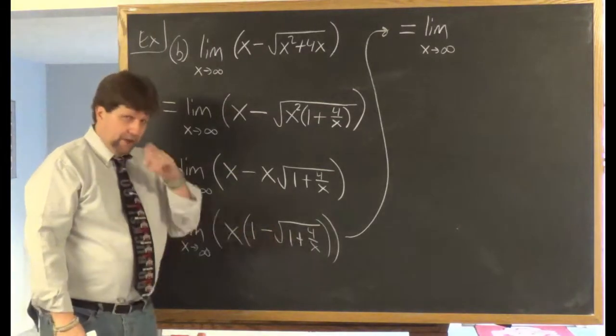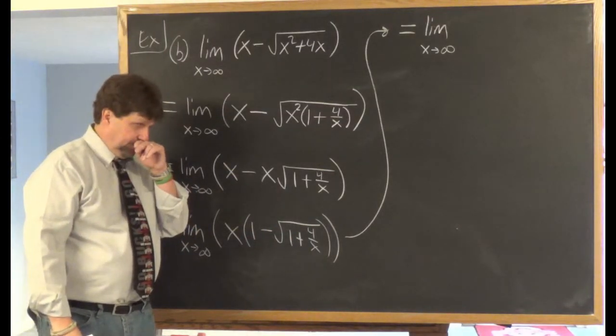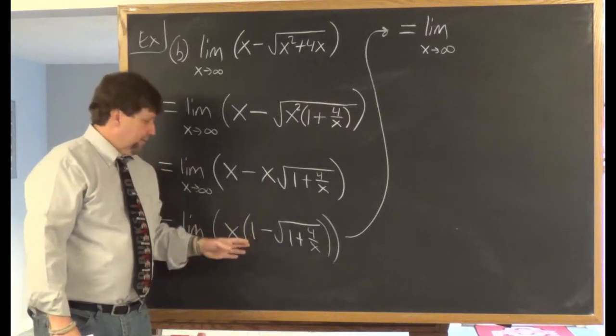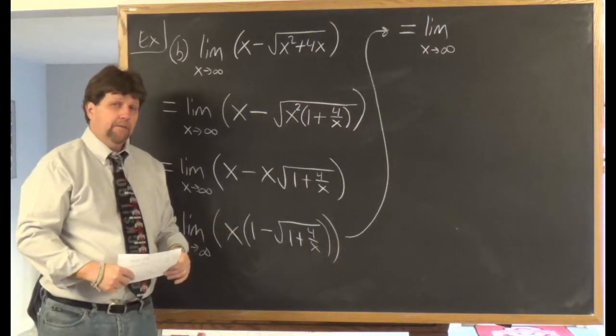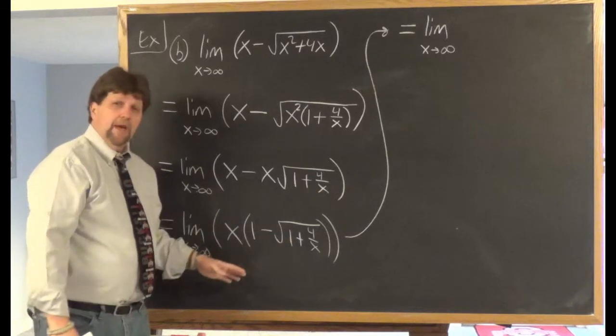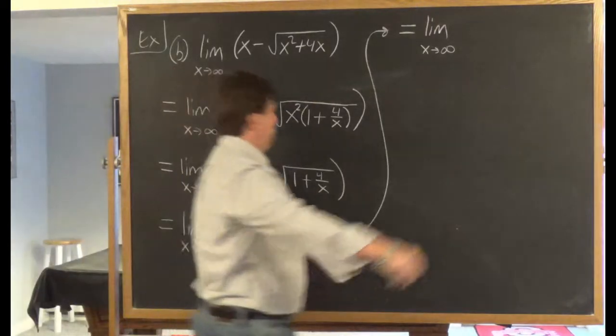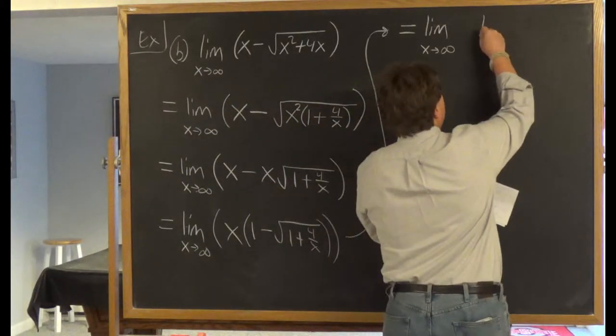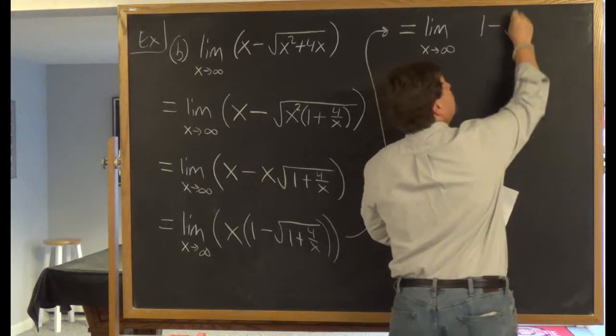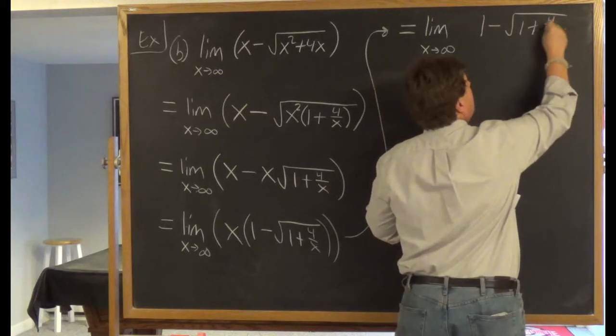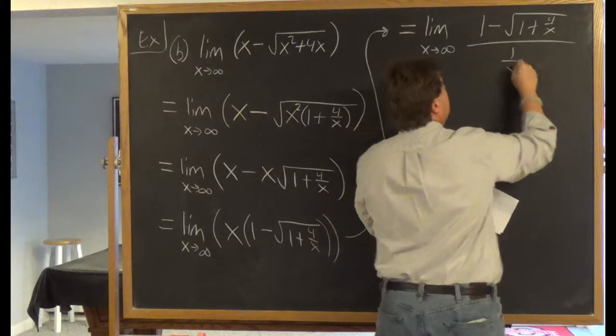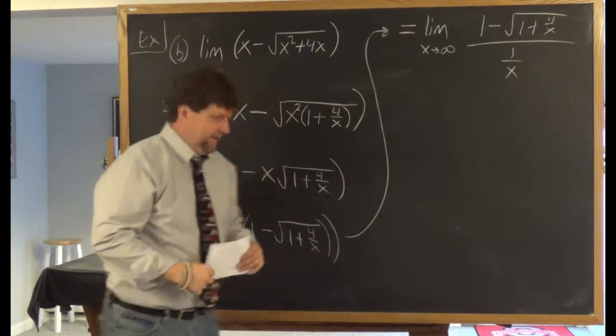X times this junk. I can rewrite this as a division problem. I can take this mess and I can rewrite it as 1 minus the square root 1 plus 4 over x divided by 1 over x.